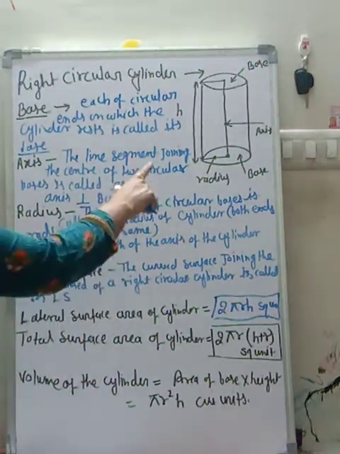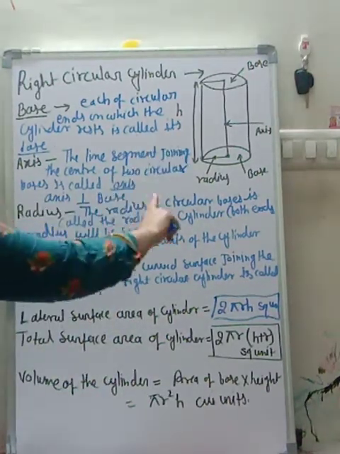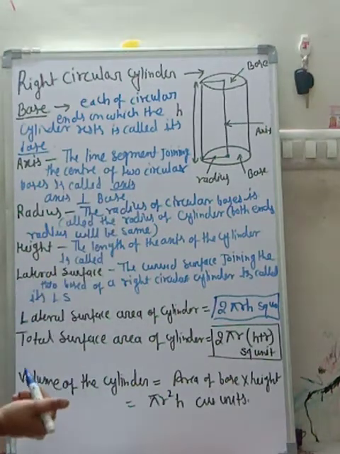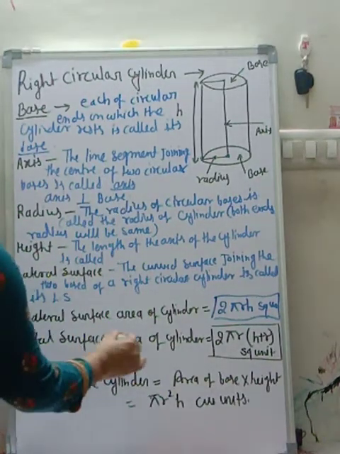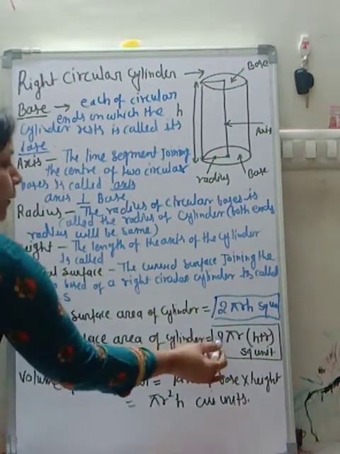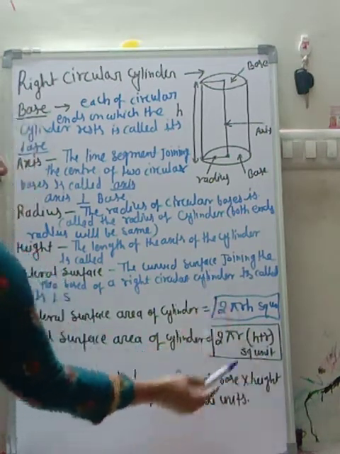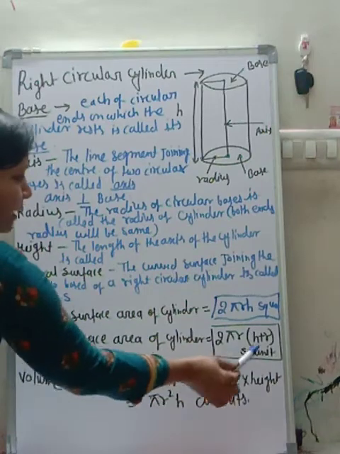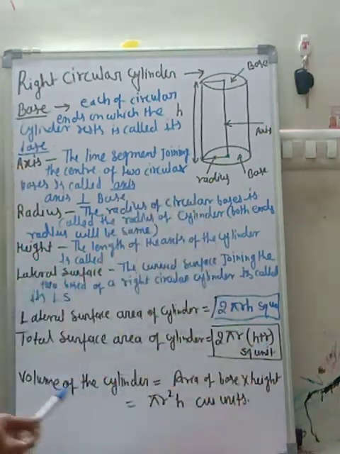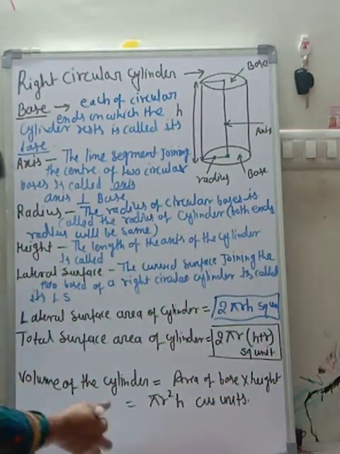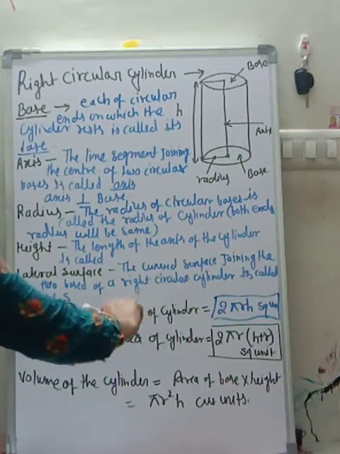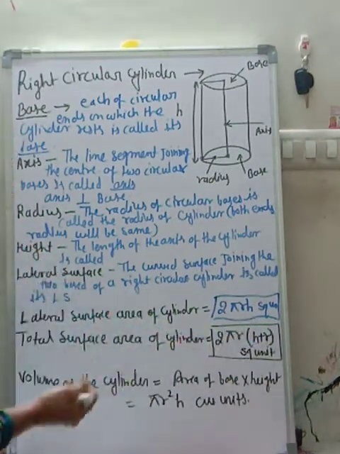So the curved surface area of a cylinder plus the area of both circular sheets. It means the total surface area of the cylinder will be 2 pi r (h + r) square units, where h is the height of the cylinder and r is the radius of the base.